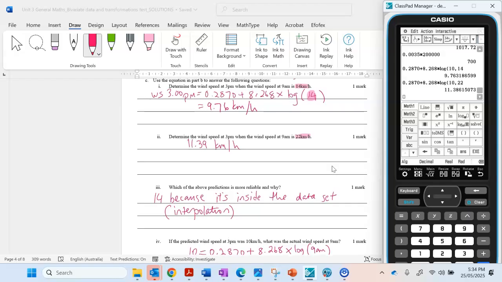But you've got to explain why. When we're talking about reliability of a prediction, we're talking about interpolation, whether it's inside the data set, or extrapolation, so outside of the data set. Outside of the data set is not as reliable. Inside the data set is.